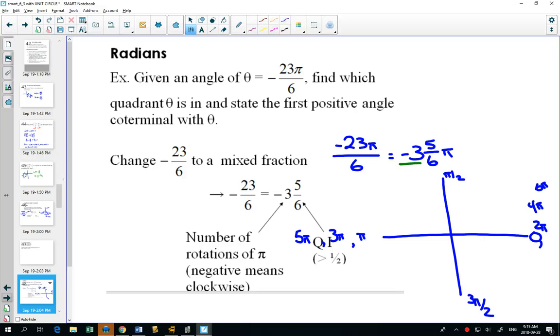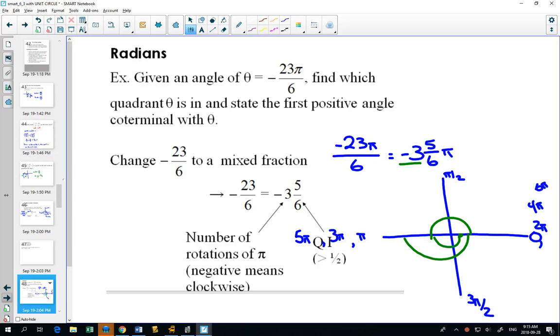So in our question, we want to go negative 3 and 5/6 pi. Well, negative 3 would look like this, starting in standard position. That would be negative 1, halfway around. And then if I got to here, that would be negative 2. And then to here would be negative 3. Does that make sense for the negative 3?